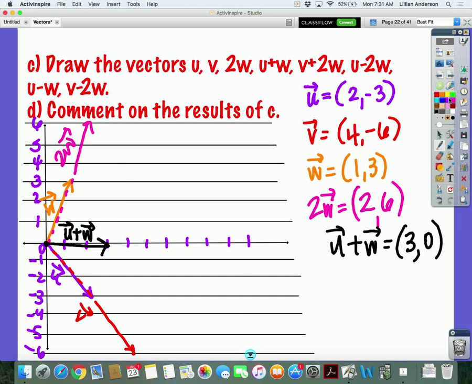Now real quick, just for the sake of the method, if I wanted to show you the parallelogram method, I would need to draw another vector w, which has a slope of 3, 1, right? There would be the vector w there, and then over here I would have to draw vector u going in the opposite direction, so that would be down 3 over 2.